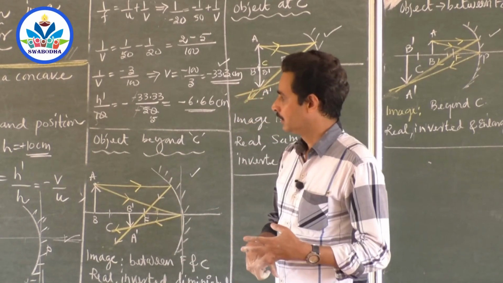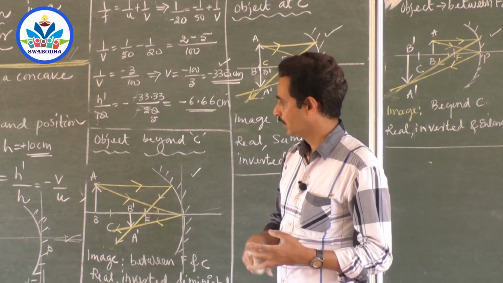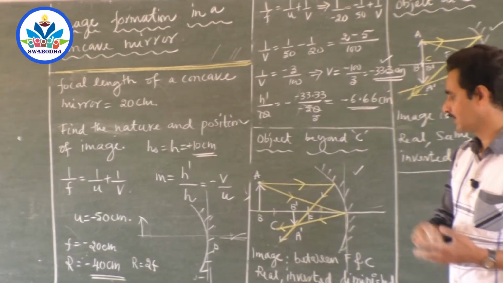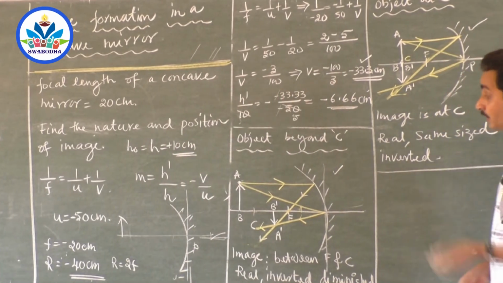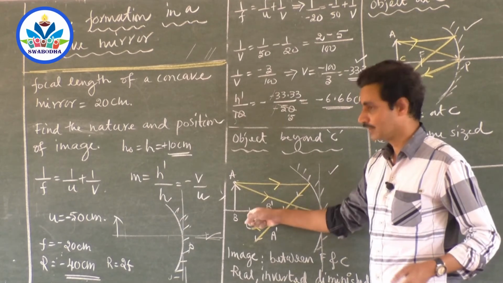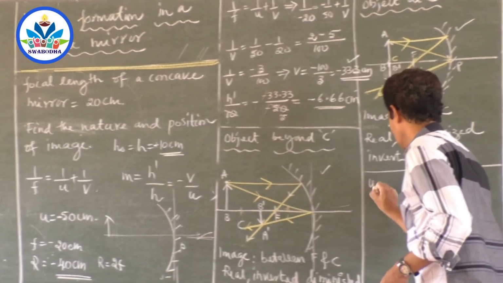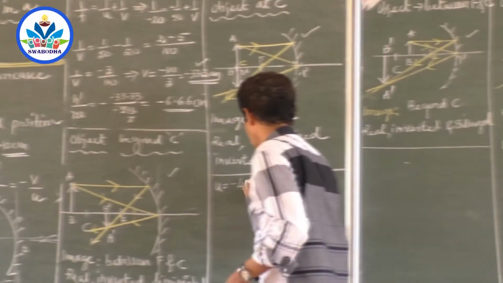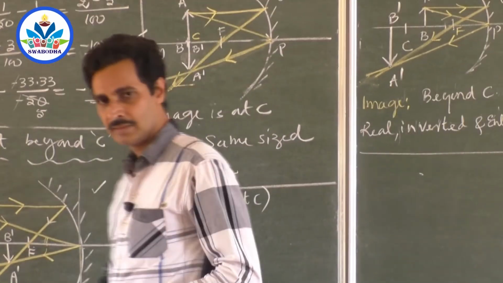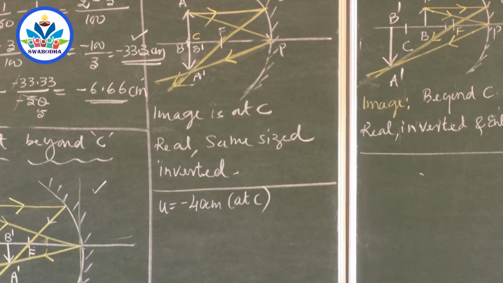And height of the object 10 centimeter. But object is not kept at 50 centimeter, it is kept at C, that means 40 centimeters. I'll take U is equal to minus 40, that means at C. You should get image at C, inverted, same sized.